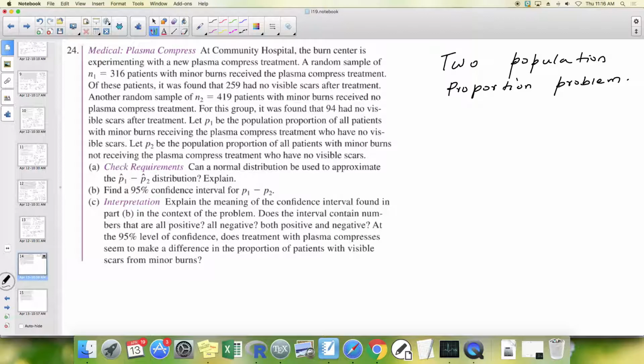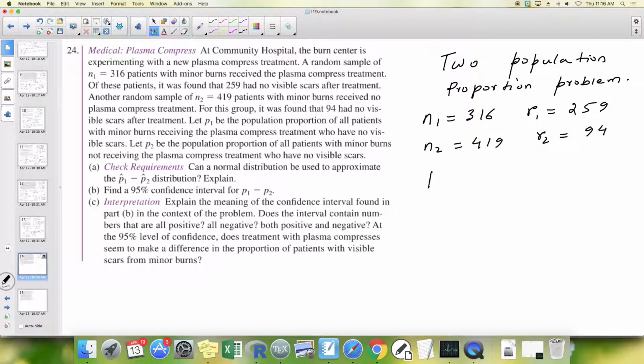All right, and let's see. So out of N1 equals 316 patients who received the treatment, 259 were success. And out of 419 patients who did not receive the treatment, 94 were success. All right.